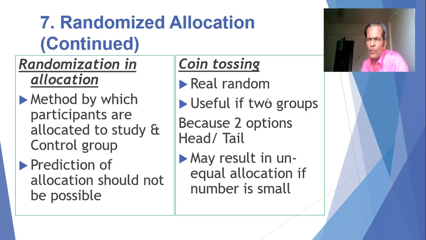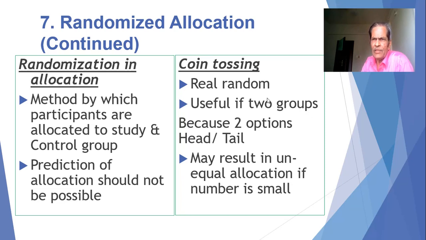Suppose the total number included in the trial is 30 and you want 15 in the experimental group and 15 in the control group, and therefore you toss the coin 30 times. For the first individual, second time for the second individual, and 30th time for the 30th individual. These 30 tosses may not necessarily result in 15 heads and 15 tails.